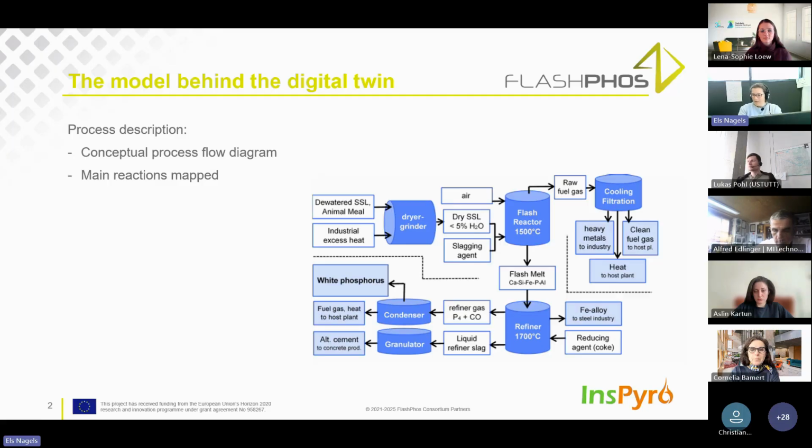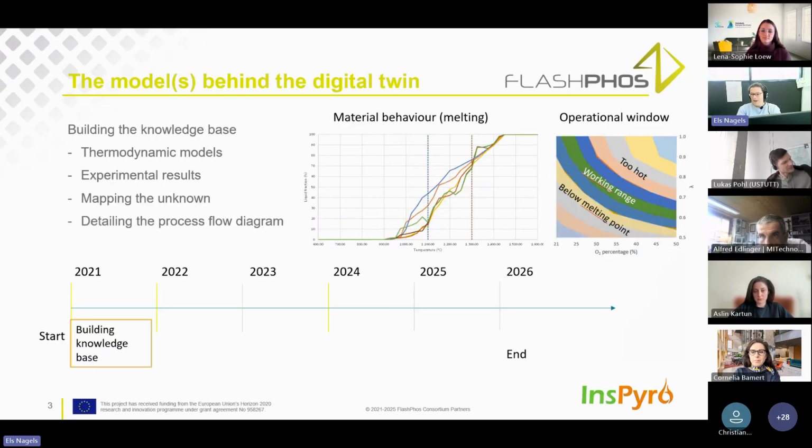So I went back to the original project description, where we actually started with the conceptual process flow diagram. The main reactions of the process were mapped so that we could use them to start modeling in this project in the first year. So we started in 2021.